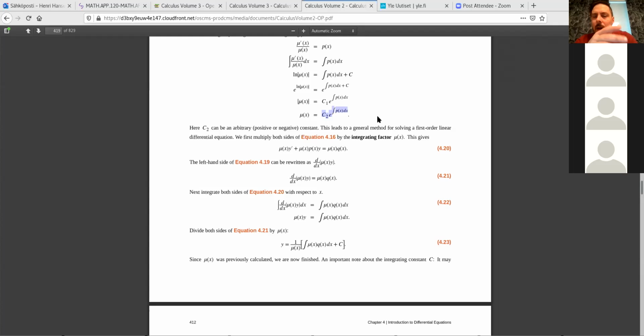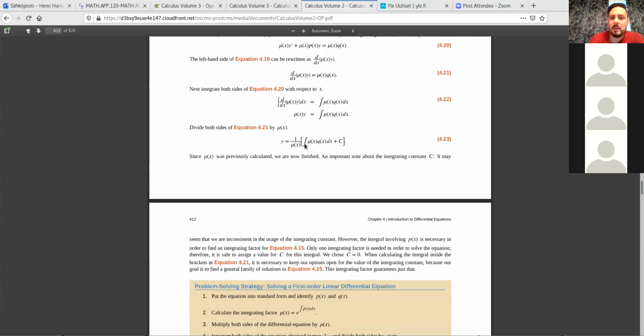But let's assume now that it's some easy function whose integral is relatively easy to find. So we get this e to the something, and this is relatively easy to find. It's notoriously easy if this coefficient p of x is a constant, because then it's just e to the a constant times x, if you find the integral of that.